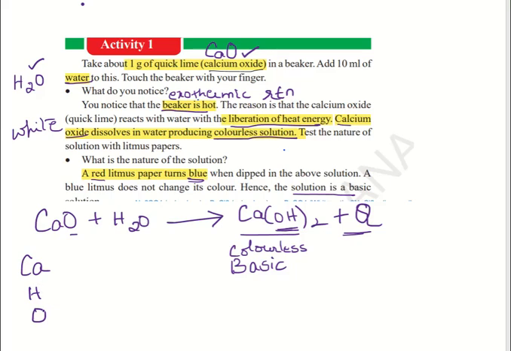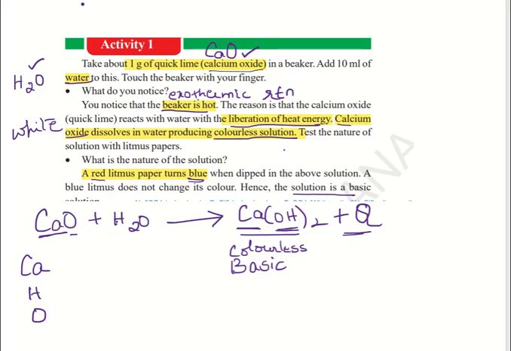If there are gases, before hydrogen and oxygen, gases should come. Here there are no metals, only we have calcium, which is a non-metal, right? Calcium. Now check how many calciums are there. On the left hand side we have 1, and on the right hand side also we have 1. So no problem with calcium.